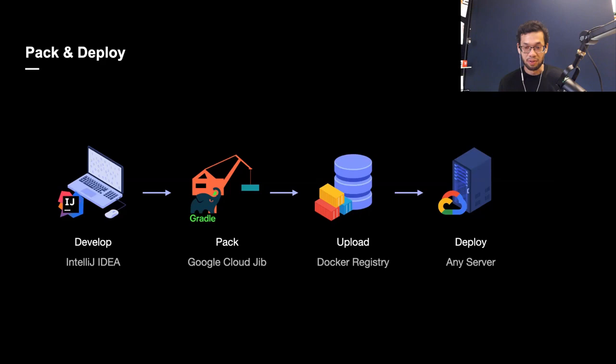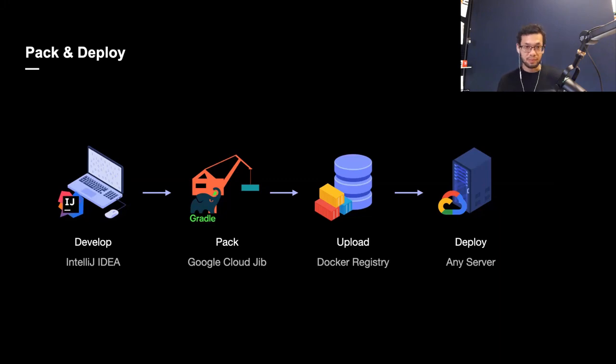It supports various registries from the internet, so you can upload your Docker image to Docker Hub or GCP or Azure or AWS or something like that. And then you can deploy your image to your production server.